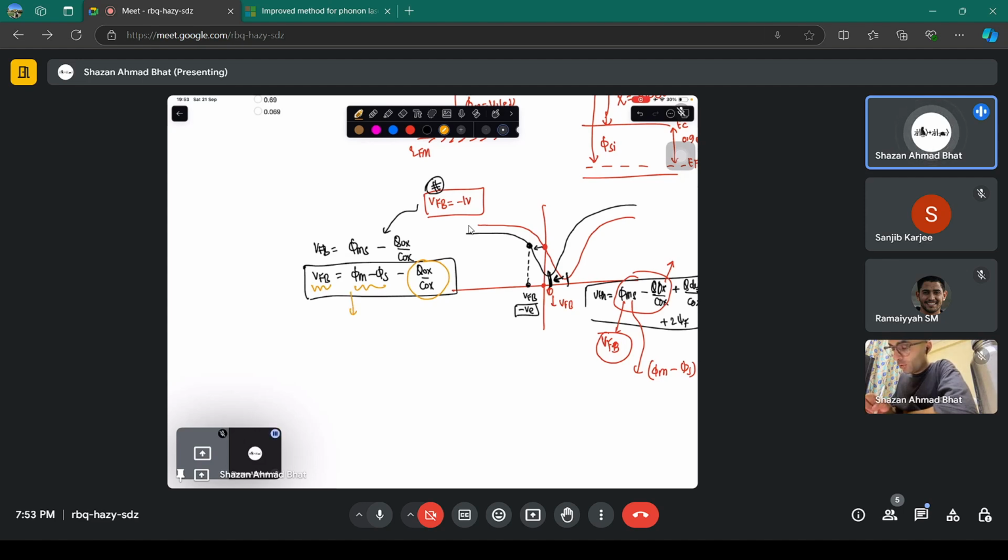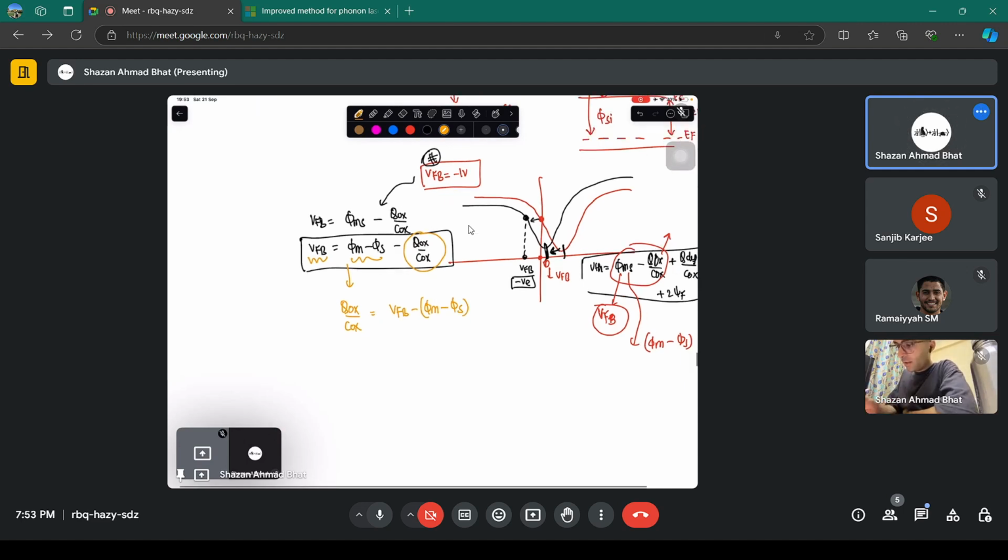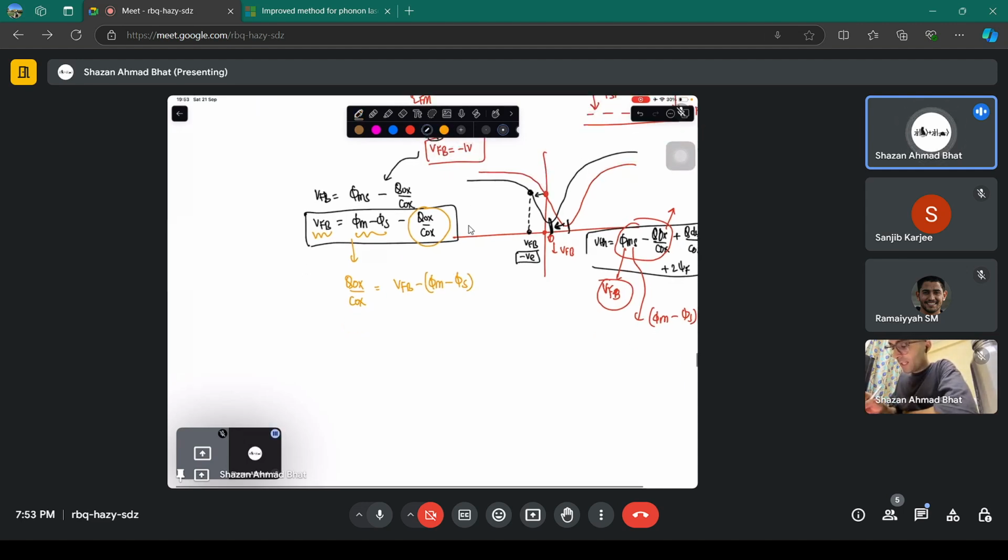When you do this computation, you get Qox by Cox is equivalent to VFB minus (phi m minus phi s). Everything is given. You can write it as minus 1 volt minus minus 0.8, and you get Qox by Cox to be approximately 0.2.